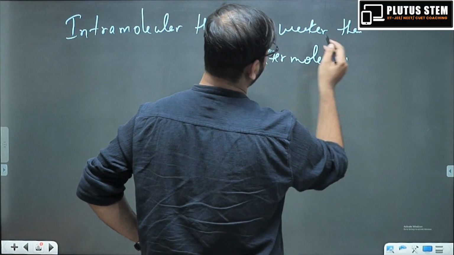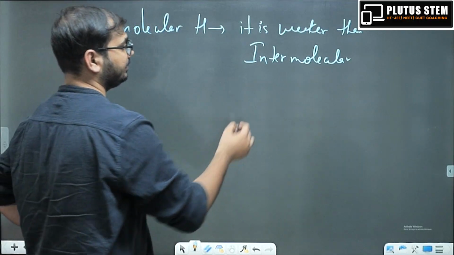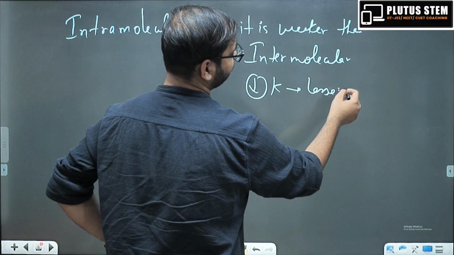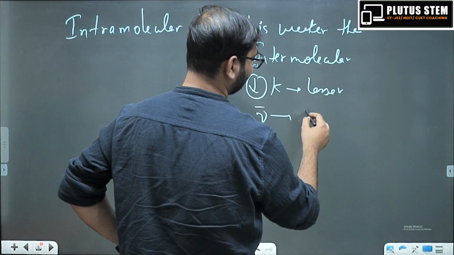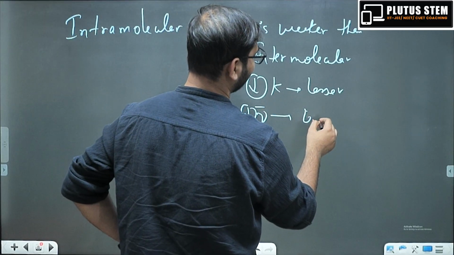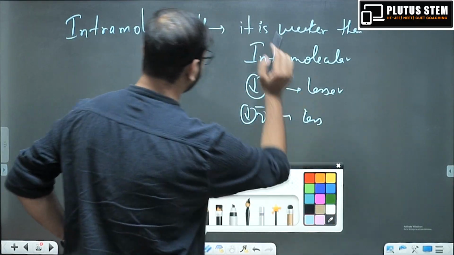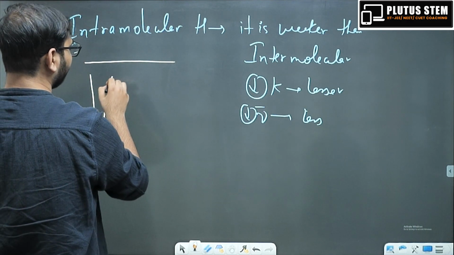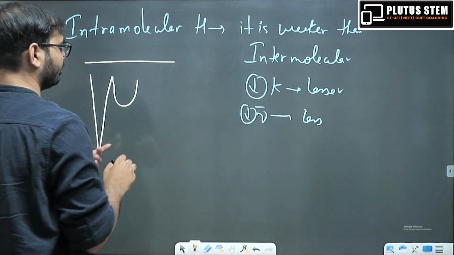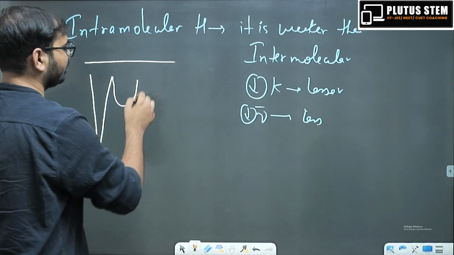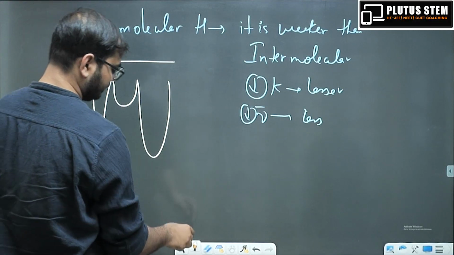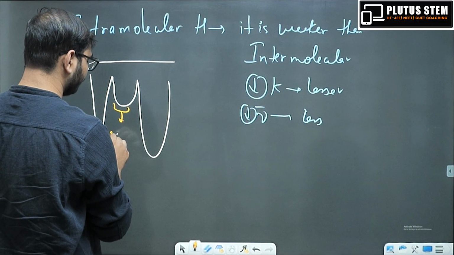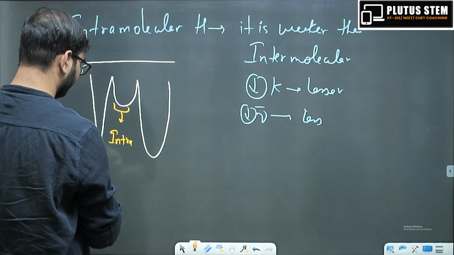If it is weaker, that means the decrease in K value is lesser, so the decrease in wave number will also be lesser. So in the IR spectra, in case of intramolecular hydrogen bonding, again because of the average length, it will be a broad band. This band refers to your intramolecular hydrogen bonding.